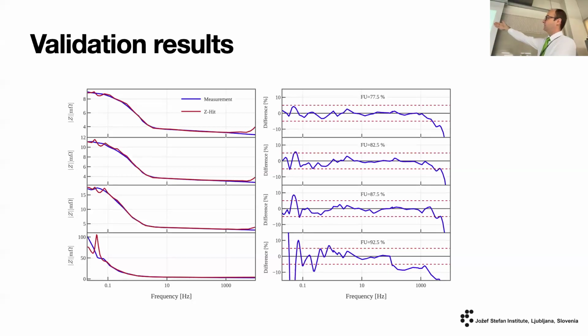When we have fuel utilization 77.5, the EIS curve is within safe operating conditions. The majority of measured EIS points are within 5% error. This part here, the high frequency part, is the one that I told you about. It's because of interlacing in the DAQ. It's not a problem with the measurement.